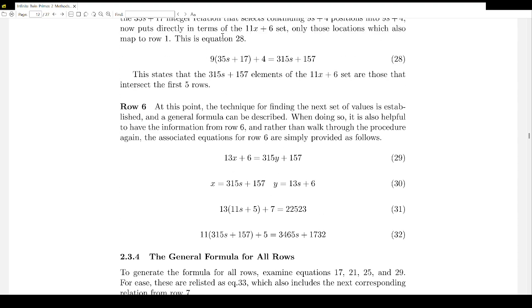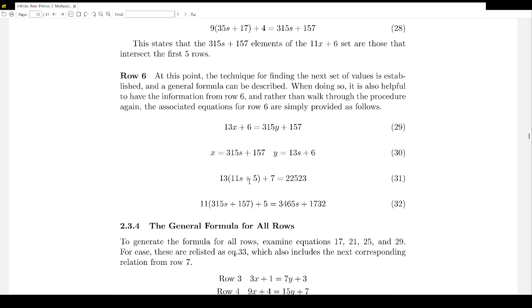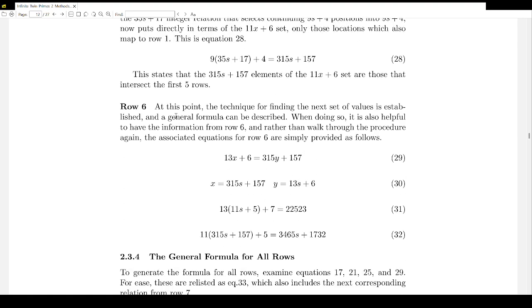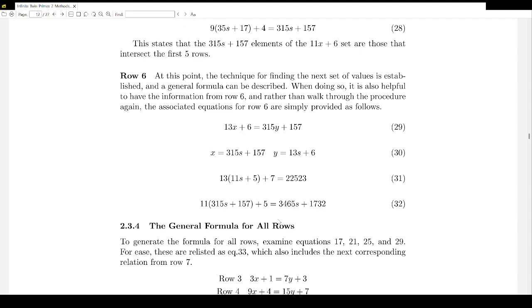So the same way I sped this up here, I did the process 5 times, but then for the 6th one I just said here are the results. I did it once more, and I didn't even show you the whole thing, and I got the next one for what would be row 7.